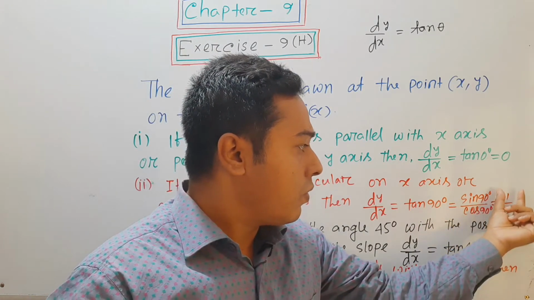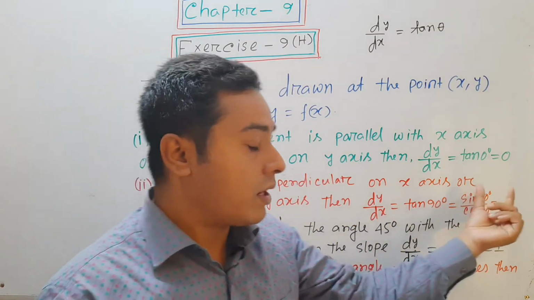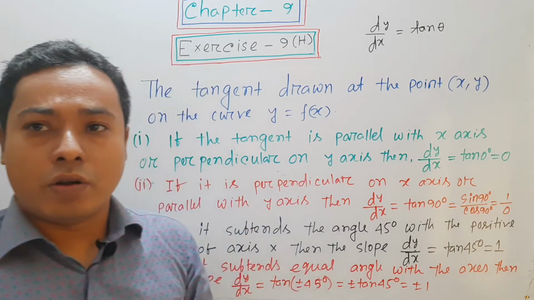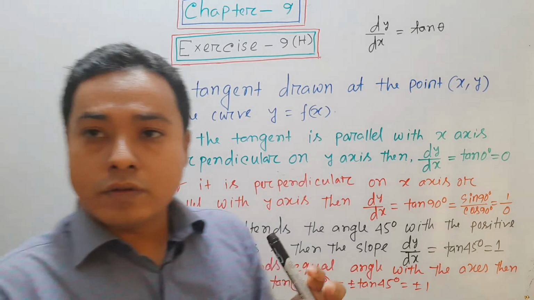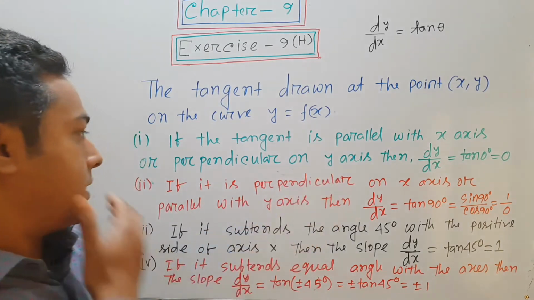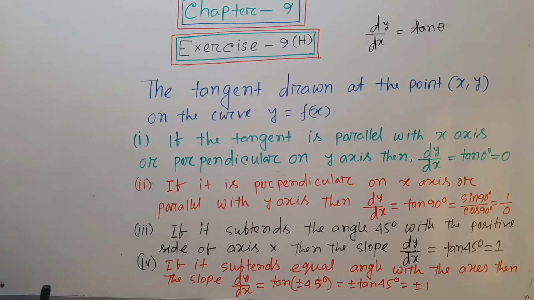We can write it as 1 divided by 0. So dy/dx is equal to 1 divided by 0 if the tangent is perpendicular to the x-axis or parallel to the y-axis.